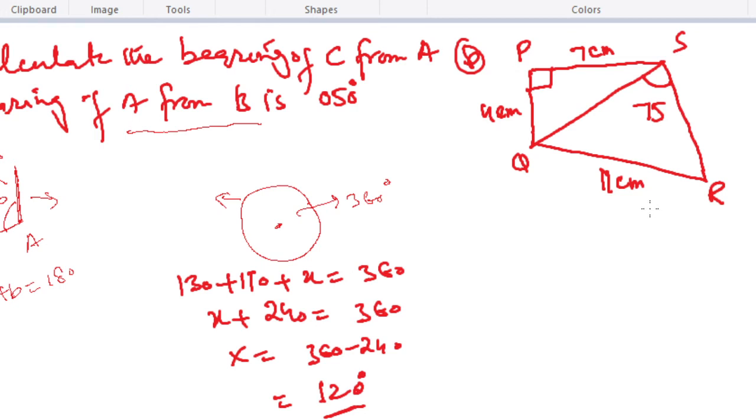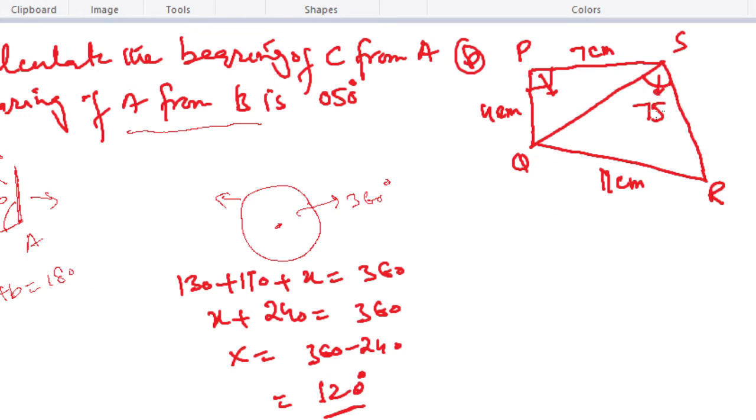Now what they want: they say in the quadrilateral PQRS, PQ is, as I wrote there, 4 centimeters, and PS is 7 centimeters, and QR, as I wrote there, is 11 centimeters. Angle QPS, this angle, is 90 degrees, as the sign shows, and angle QSR, this angle, is 75 degrees.